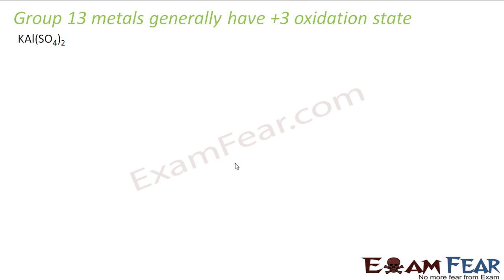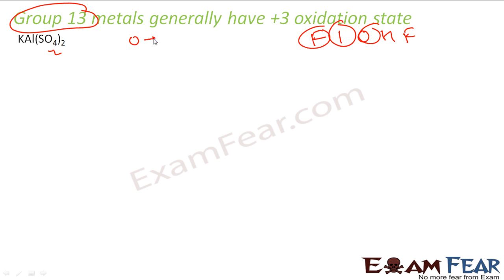Let's take the scenario where we apply the +3 rule. The group 13 element has the +3 oxidation state. KAl(SO4)2. Here let's apply the same thing. Free we can't use, it's not a free element. Ion we can't use. Oxygen we can use. Oxygen is -2.